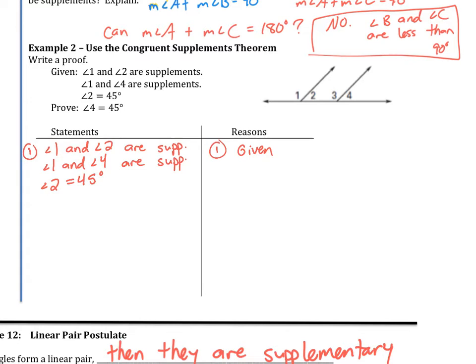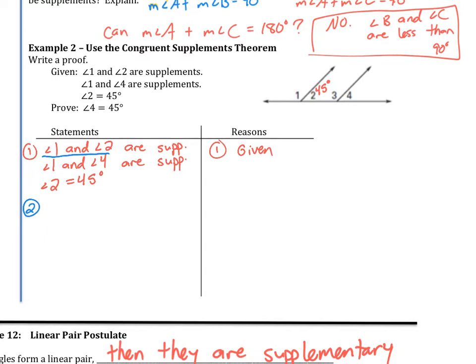So over on the side here, we know that angle 2 is 45 degrees. I'm going to write that in the picture, 45 degrees. If you look up here, if angle 1 and angle 2 are supplements, what does that mean about angle 1 if angle 2 is 45 degrees?